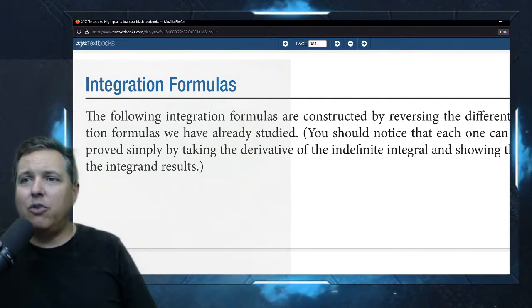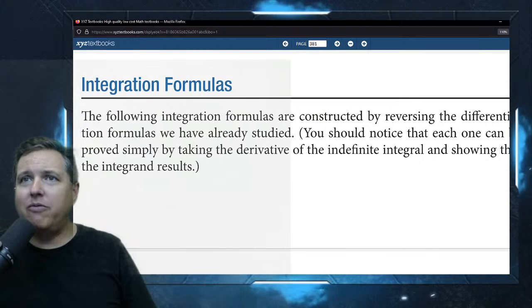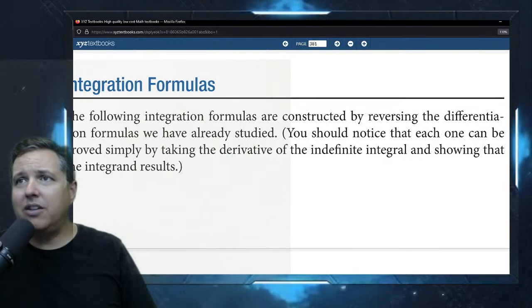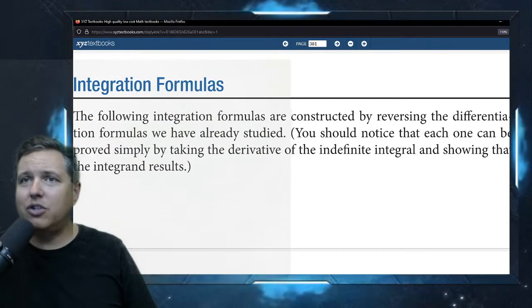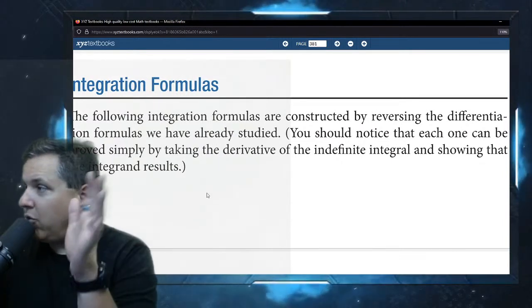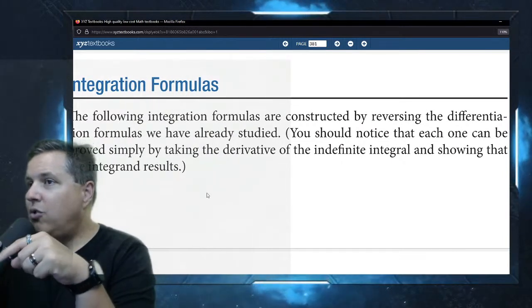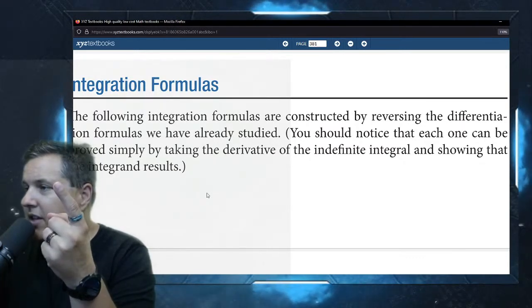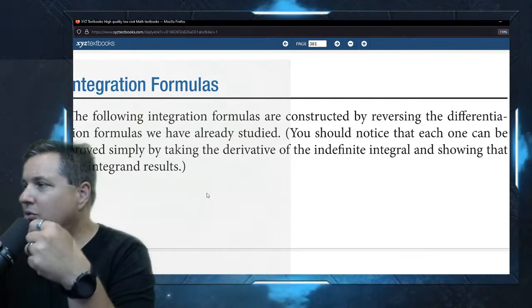So they tell us the following integration formulas are constructed by reversing the differentiation formulas we already studied. You should notice that each one can be proved simply by taking the derivative of the indefinite integral and showing the integrand results. In other words, and this is a great way to check your work, if you are finding the antiderivative of something, then to check your work, all you have to do is take the derivative.